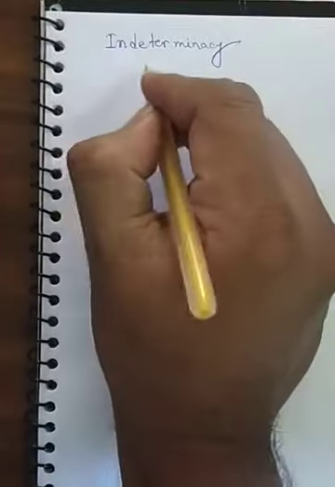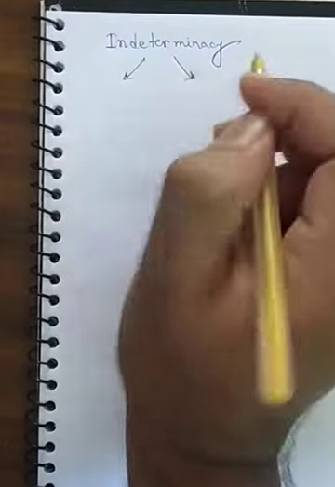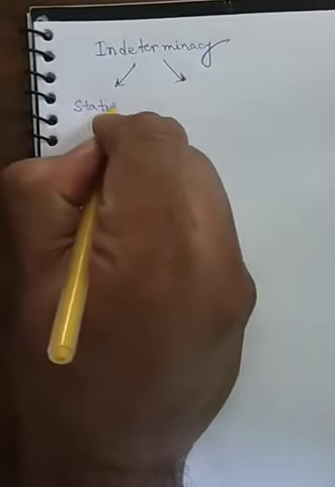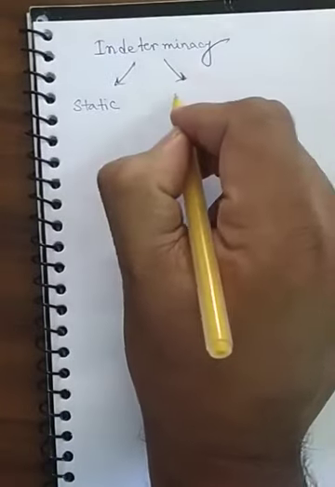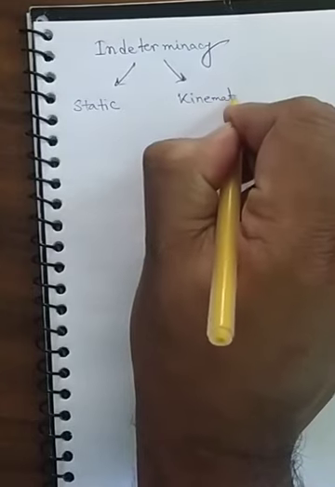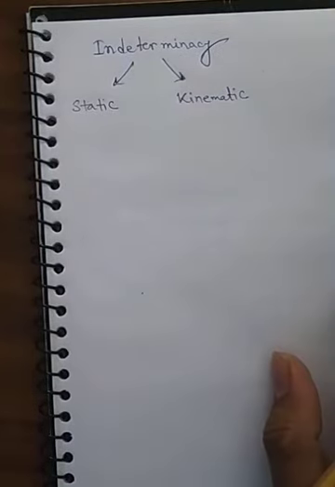Normally indeterminacy is divided into two parts. Number one is static indeterminacy and number two is kinematic indeterminacy, right?